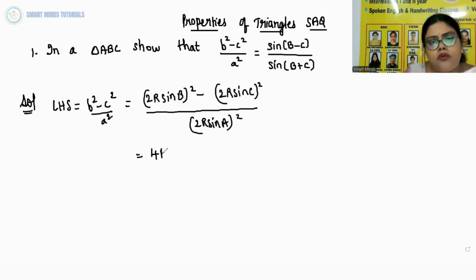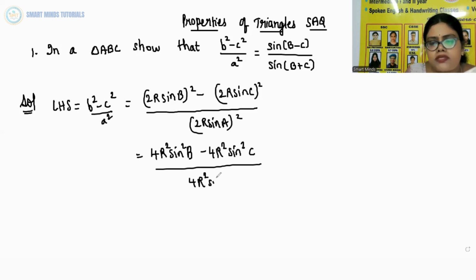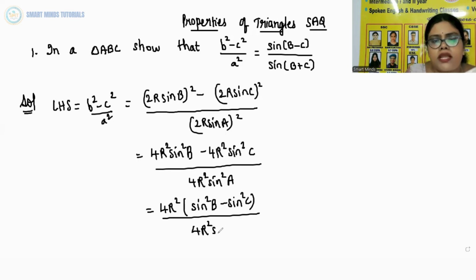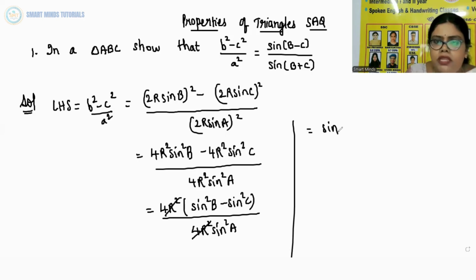Now that is equal to 4R square sin square B minus 4R square sin square C by 4R square sin square A. So if we take 4R square common from the numerator, we get (sin square B minus sin square C) by 4R square sin square A. So 4R square gets cancelled. That is (sin square B minus sin square C) by sin square A.